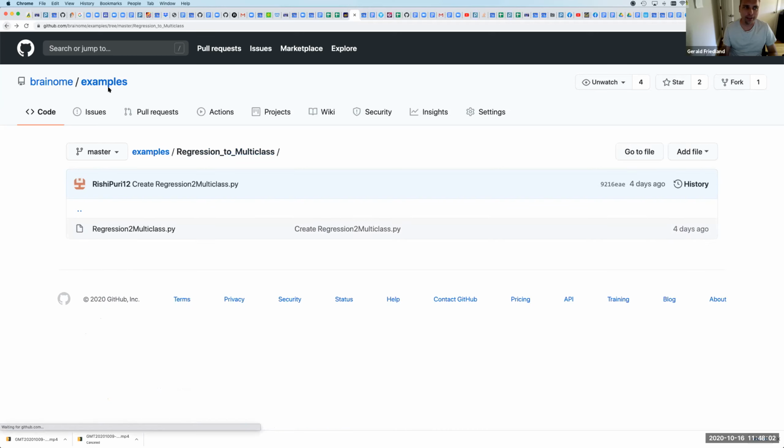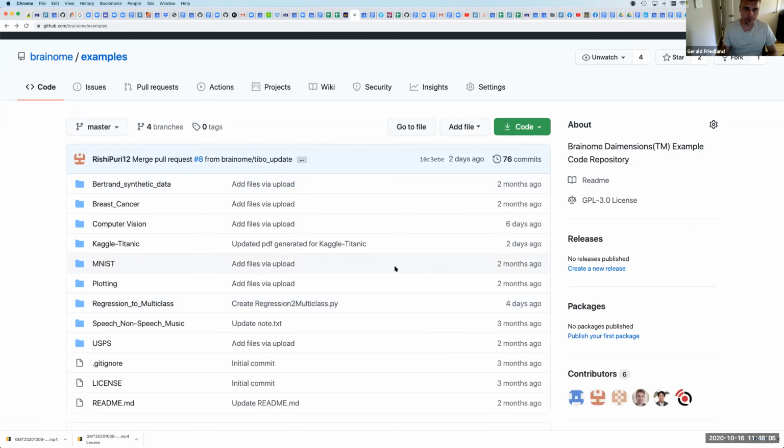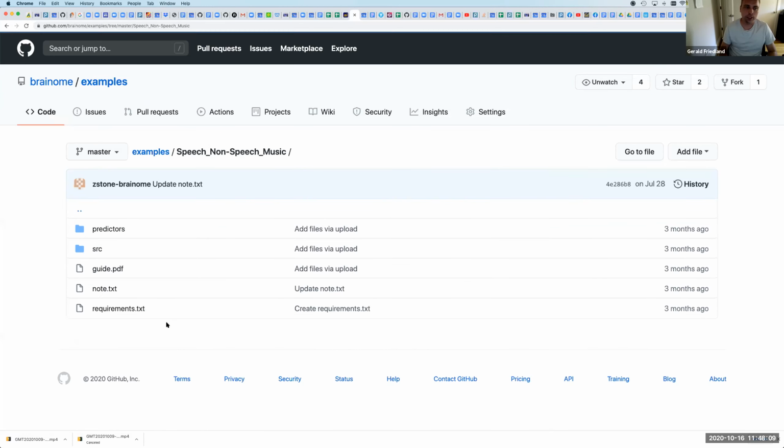Then there is another program that may be interesting to you, which is the speech music non-speech one. This is a real multimedia task: finding out from audio what's speech, what's non-speech, and what's music. Because people were asking about the comma separated value format, this is all done here.